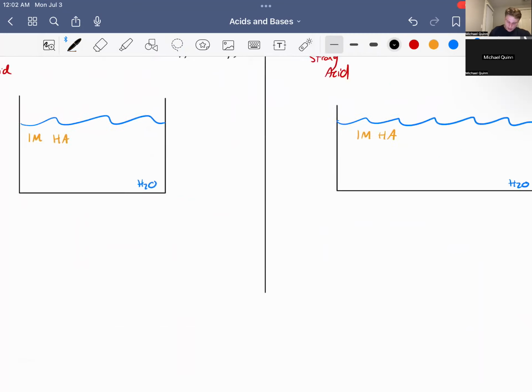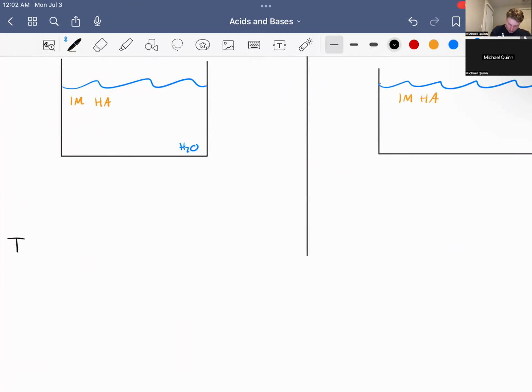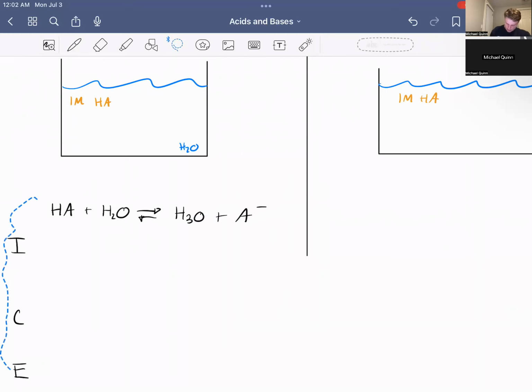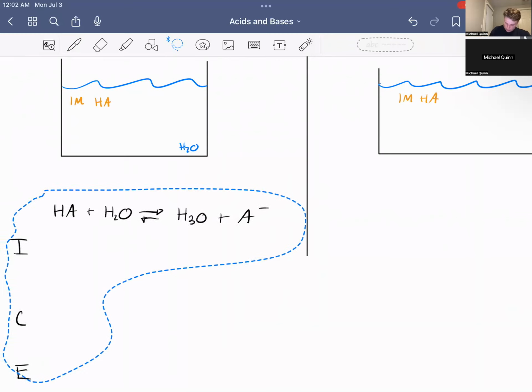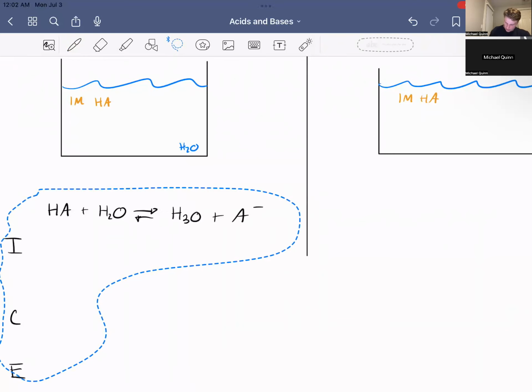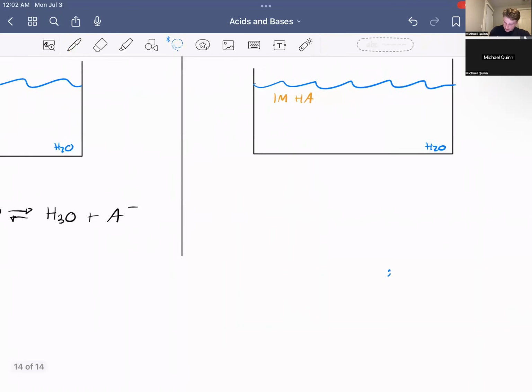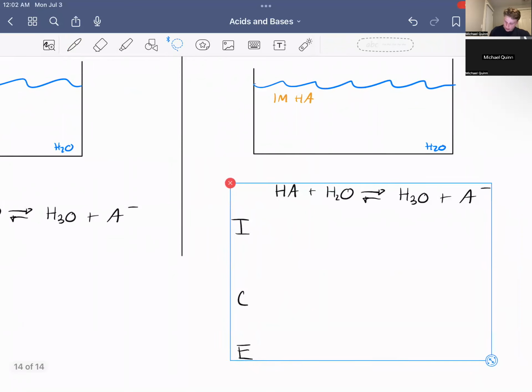So what we can do is we can draw an ice table for this situation. So we have HA, right? And we have this same method over here. So we could literally draw the ice table the same way.